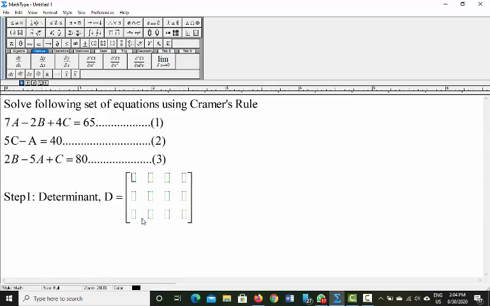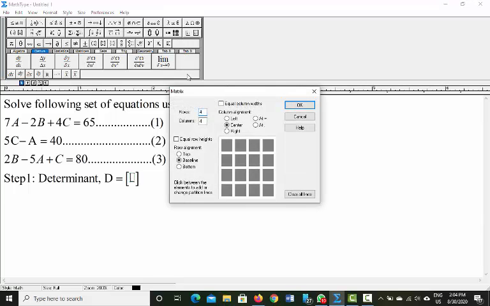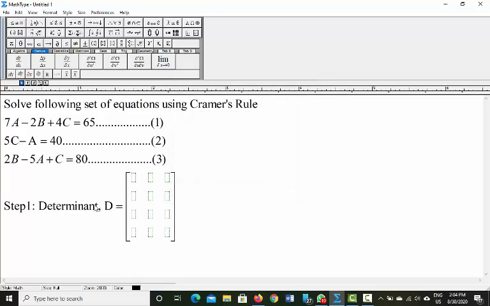Here, in the first row, let us write the variables. The first variable is A, the second variable is B, the third variable is C. And here we will write the coefficients of A, B, C serially.